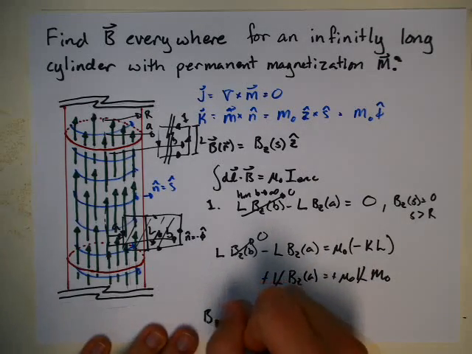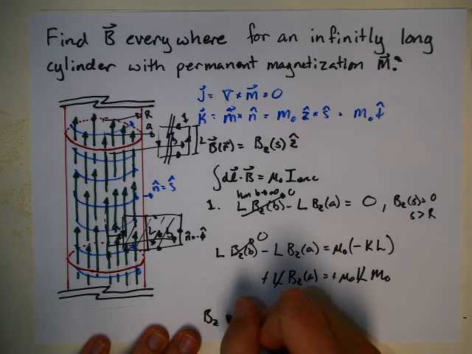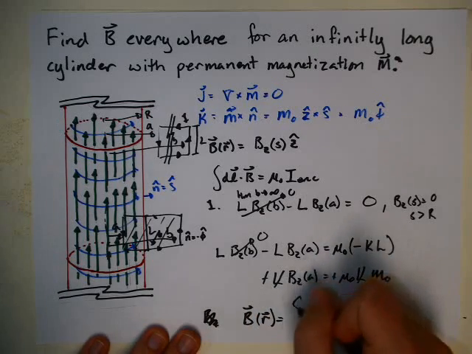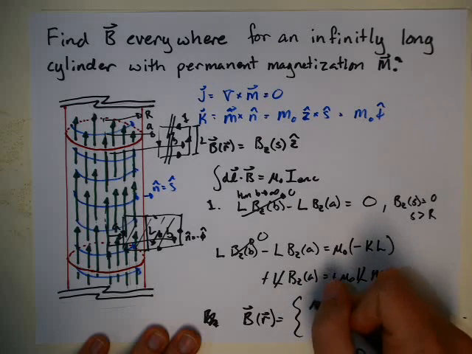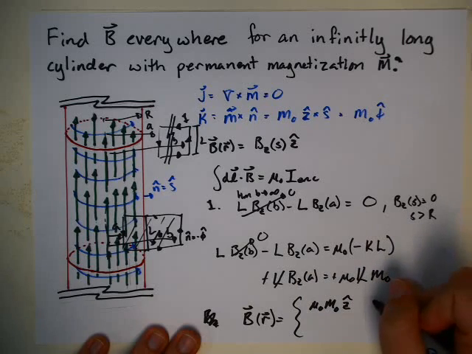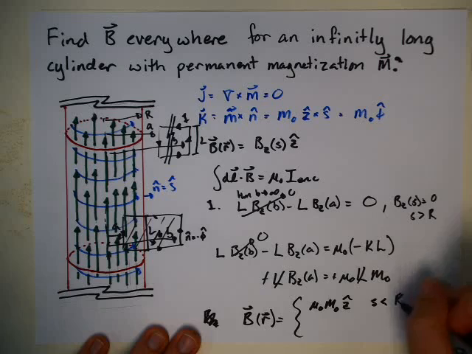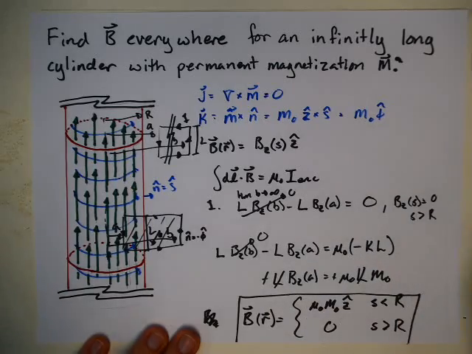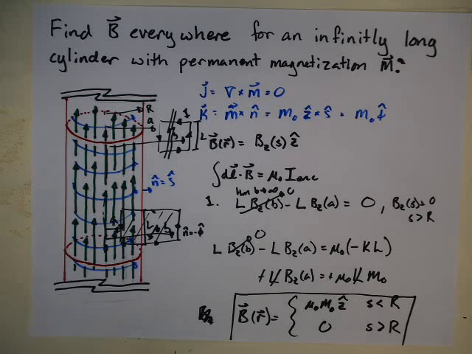And so we find that the magnetic field is going to be mu naught M naught in the z hat direction, as long as s is less than the radius, and 0 if s is greater than the radius. There we go. That's how we can solve this problem.